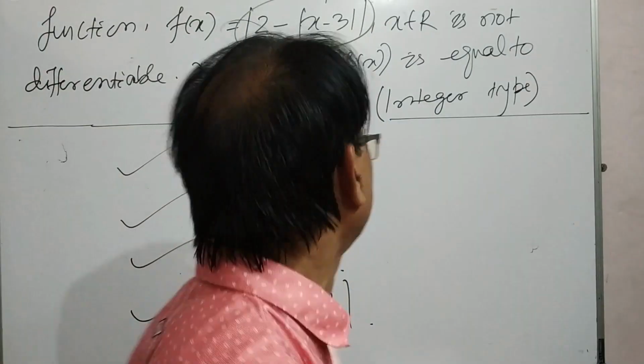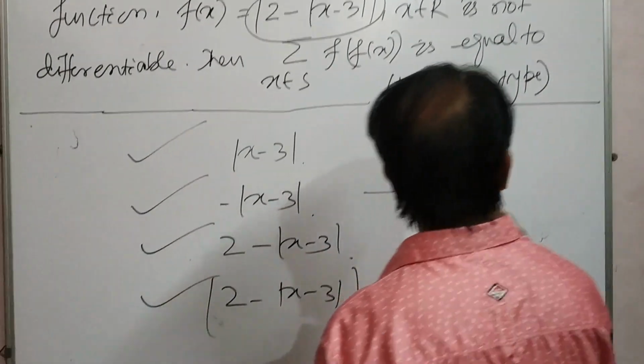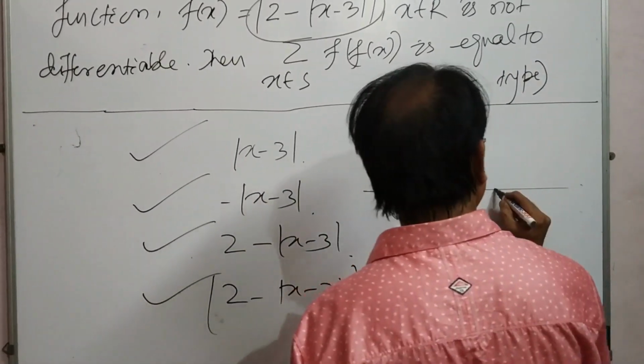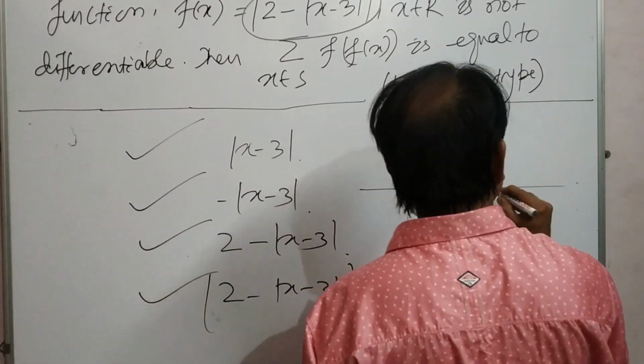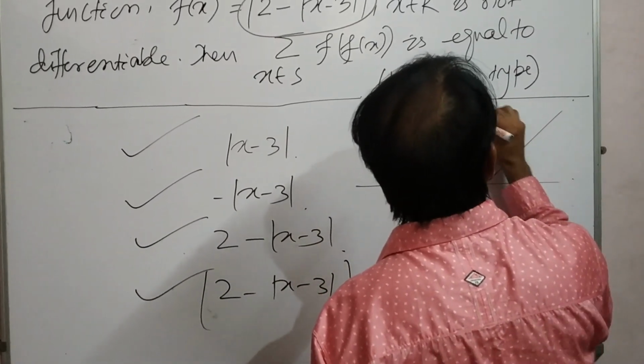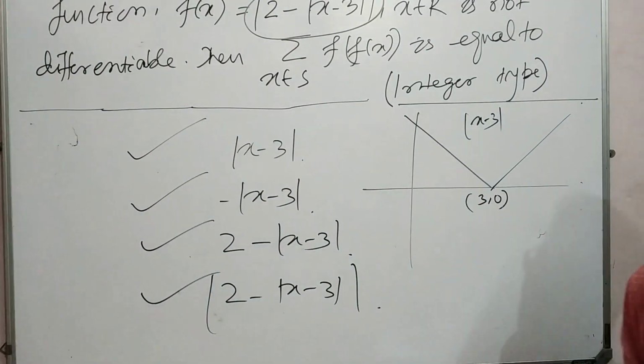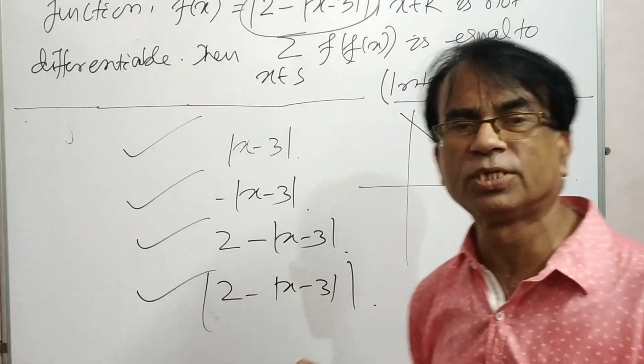This is a very, very important one. Now first of all, coming to mod of x minus 3, here is 3, and this is mod of x minus 3, and the point of divergence is 3 comma 0.